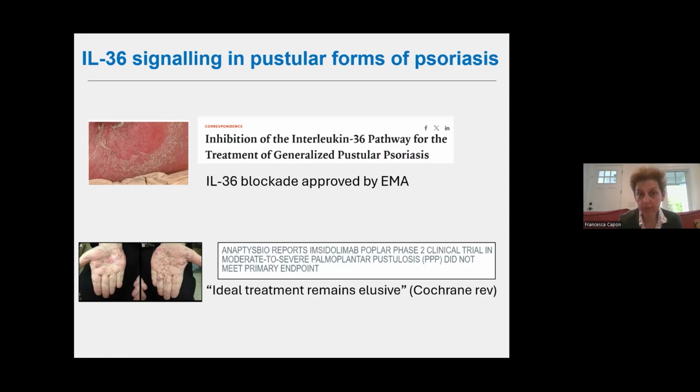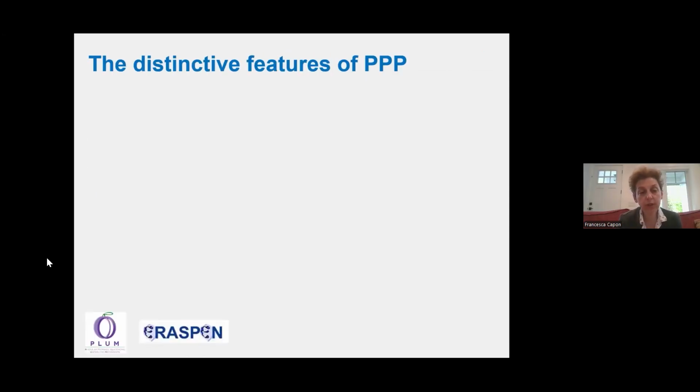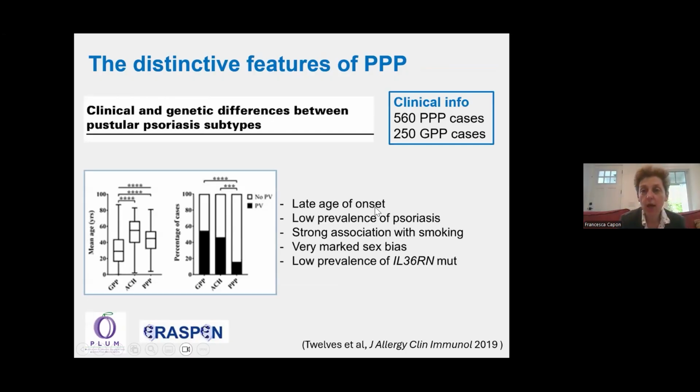And so we did. We worked in collaboration with a multi-center consortium in the UK, Europe and beyond, and were able to ascertain a rather large patient resource that we systematically examined for the features of palmoplantar pustulosis and generalized pustular psoriasis.